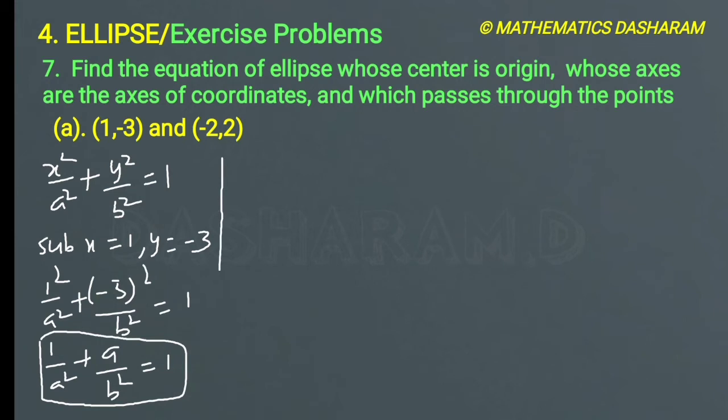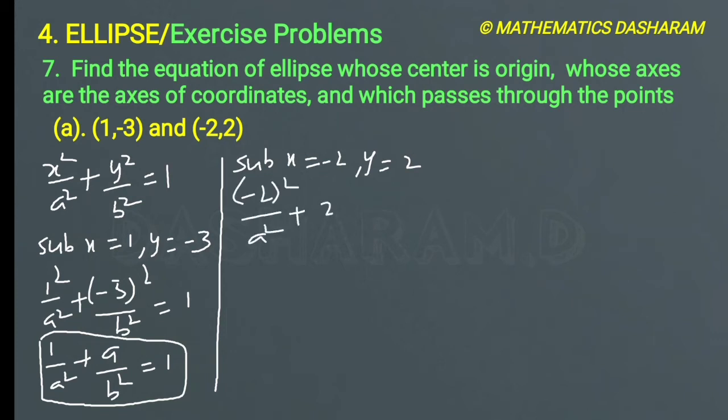And it also passes through (-2, 2). So substitute x = -2, y = 2 in the standard form of the ellipse. Then (-2)²/a² plus 2²/b² equals 1. 4/a² + 4/b² = 1.